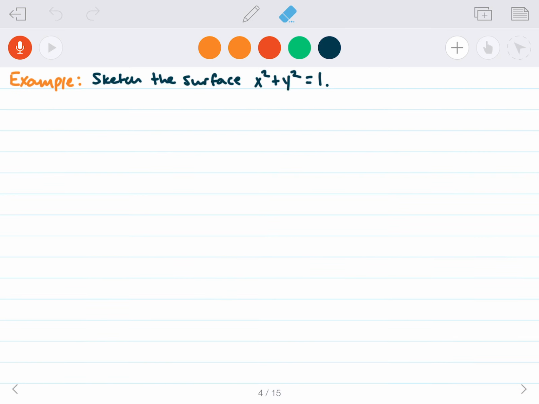All right, sketch the surface x squared plus y squared equals 1. First thing I want you to do, identify the missing variable. Z is missing. So we're projecting along the z-axis.